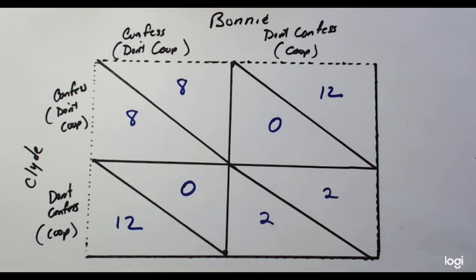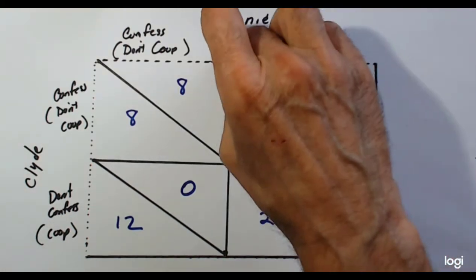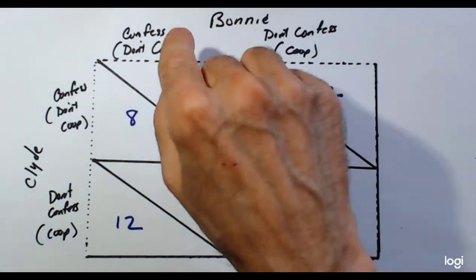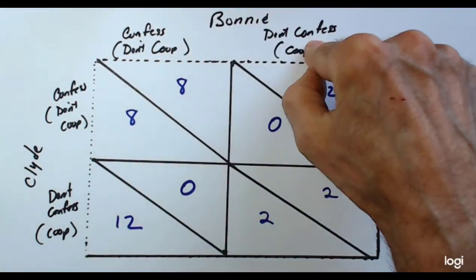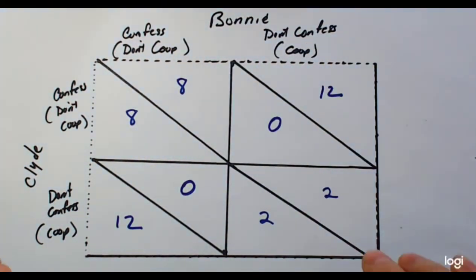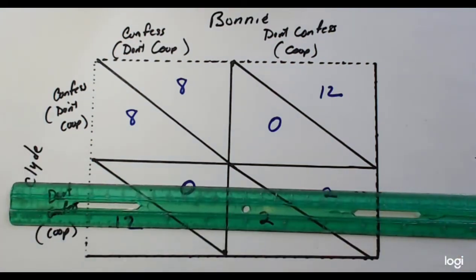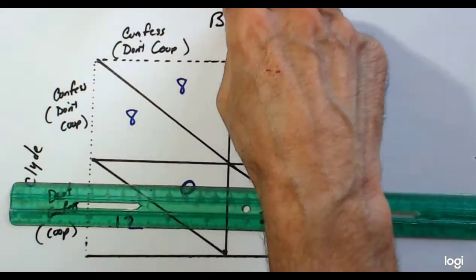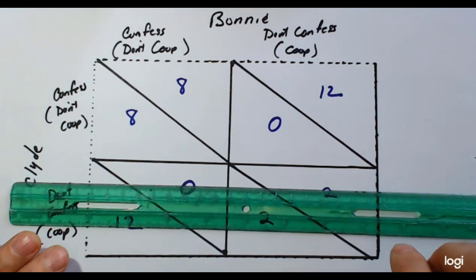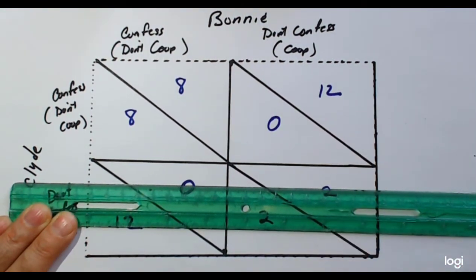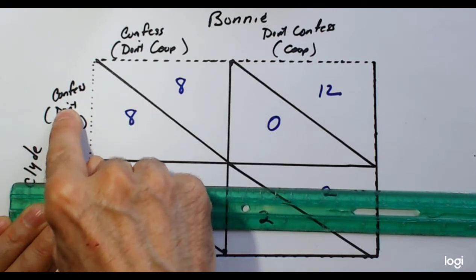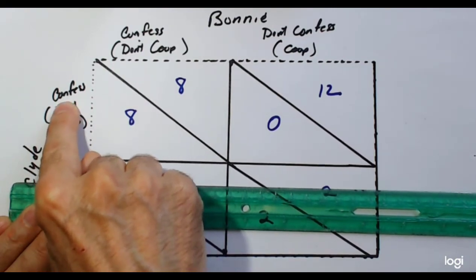So first off, let's look at Bonnie. And Bonnie has a decision. Should she confess or should she not confess? Should she not cooperate or cooperate? And the way to do it is we'll block this off first. So when you start up top here, you block this row off, and you ask, what is best for Bonnie, given that Clyde has confessed or will confess?